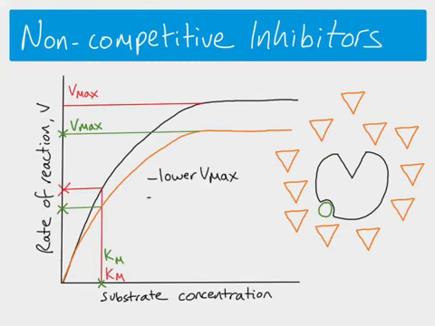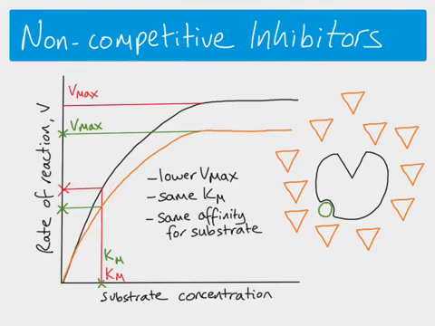So lower Vmax, same Km, and therefore with a non-competitive inhibitor the enzyme has the same affinity for its substrate. The ability of the enzyme to bind with its substrate is not altered. It's just that some enzymes, when the non-competitive inhibitor binds to them, are not able to function.